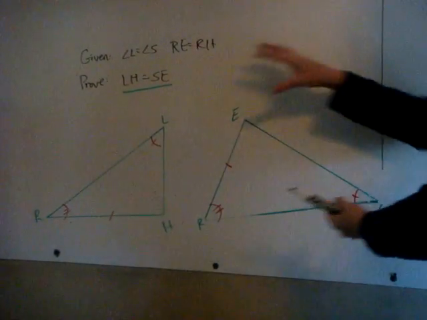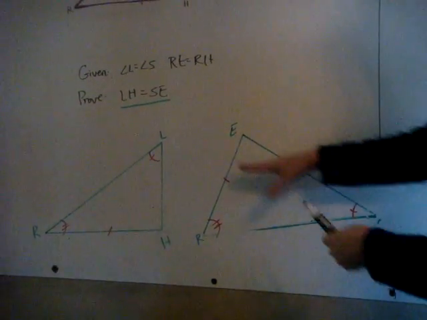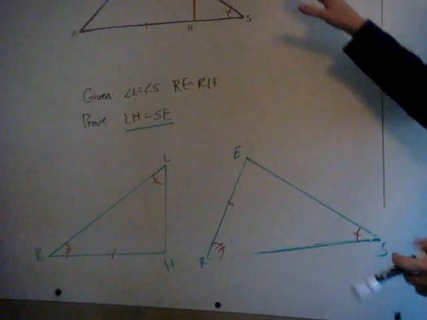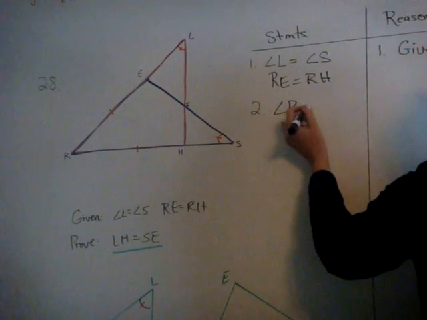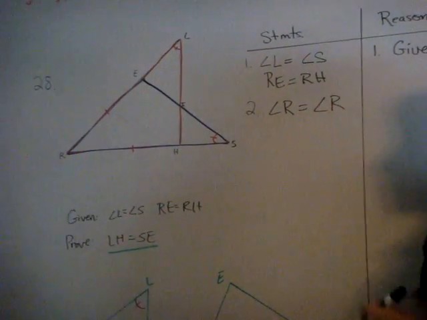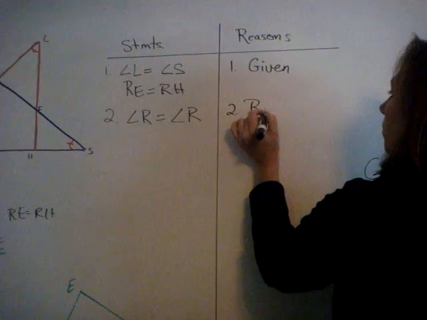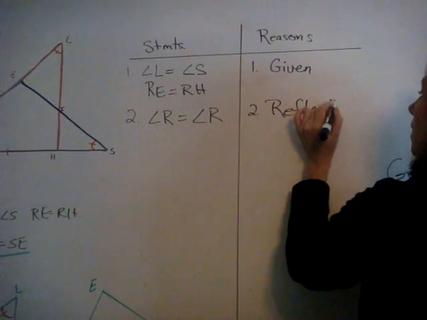I don't have them going the same direction, but I am marking them up. Then, this is the tricky part, angle R equals angle R. And anytime you say something is equal to itself, we call that the reflexive property. So you can just write reflexive.